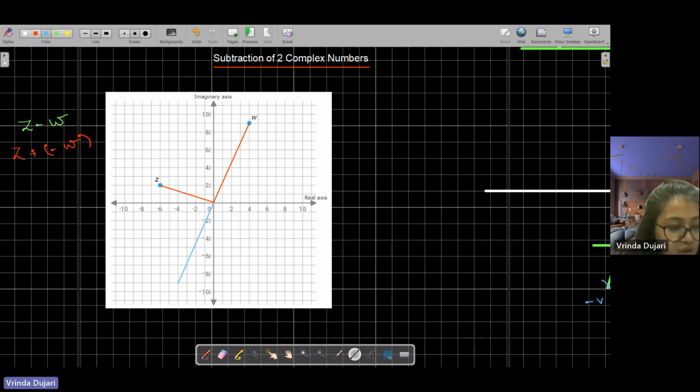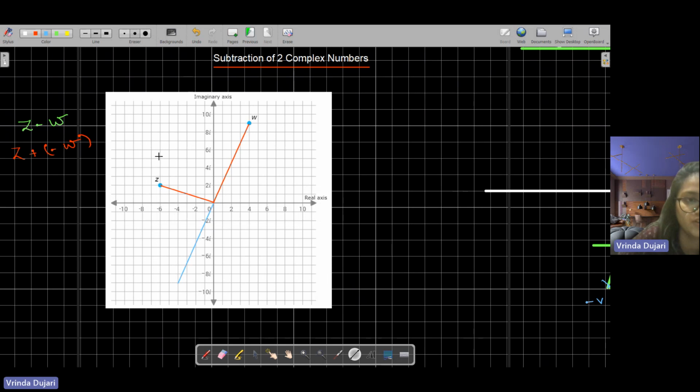You have to extend it such that your origin comes exactly between W and negative W. So you can just count it. See here, it is 9 points above your real axis. So over here, it should be 9 points below your real axis. Okay. So this you have represented negative W.